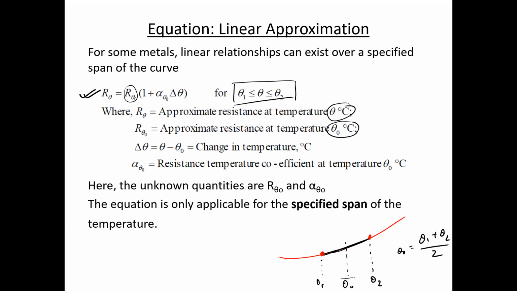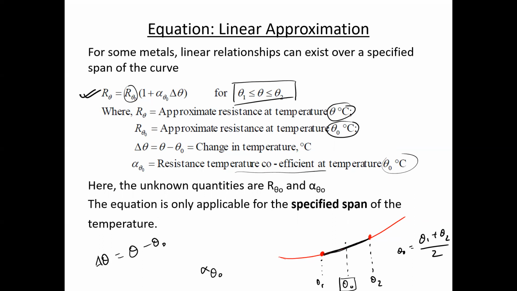At this temperature, the resistance is R theta 0, and the temperature coefficient at theta 0 is defined as alpha theta 0. This alpha theta 0 is the temperature coefficient at temperature theta 0 degrees Celsius, and delta theta indicates the change in temperature, which is theta minus theta 0.